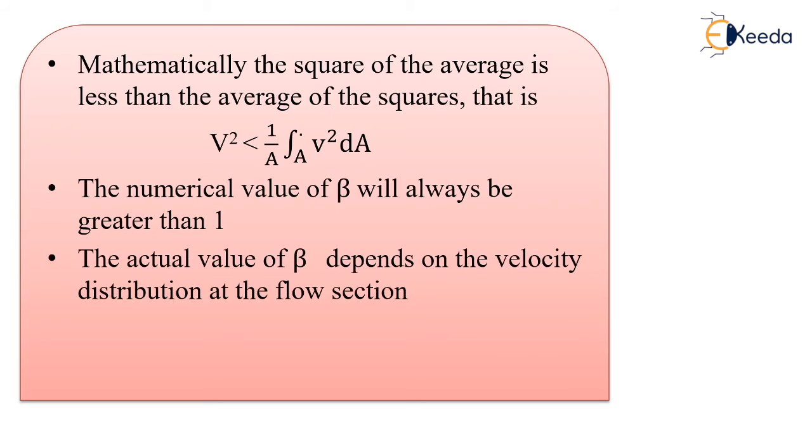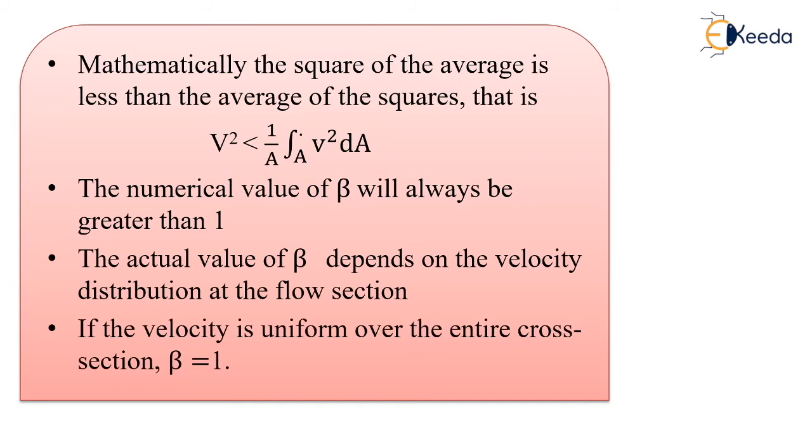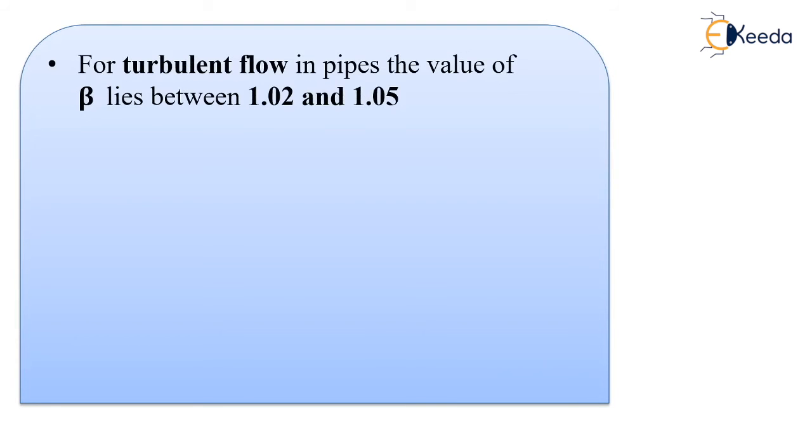The actual value of beta depends on the velocity distribution at the flow section. If the velocity is uniform over the entire cross section, then beta is equal to 1. That is, for uniform velocity flow, where the velocity is uniform all over the cross section, beta is 1.